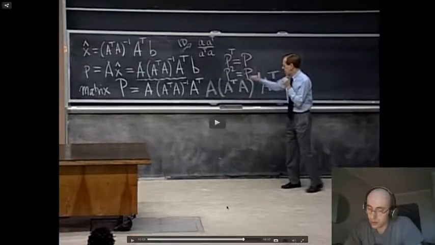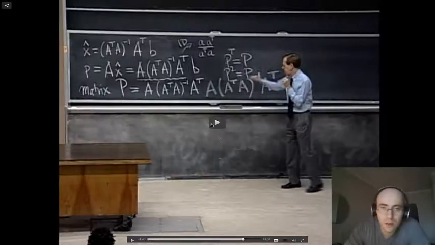What he has here is an identity matrix. So basically this A transpose times A, we can add the parentheses here and here, times the inverse of this stuff.